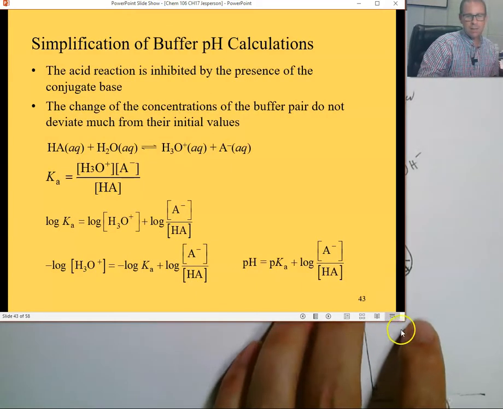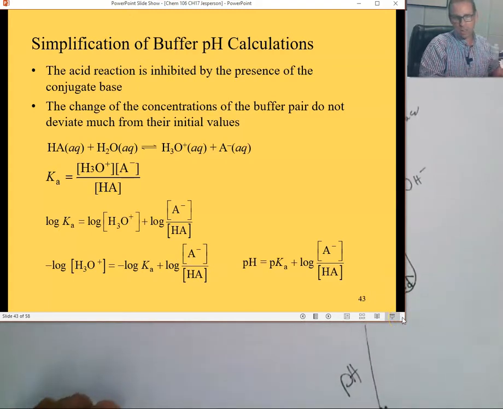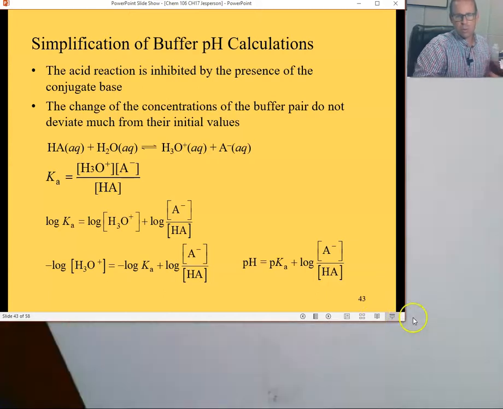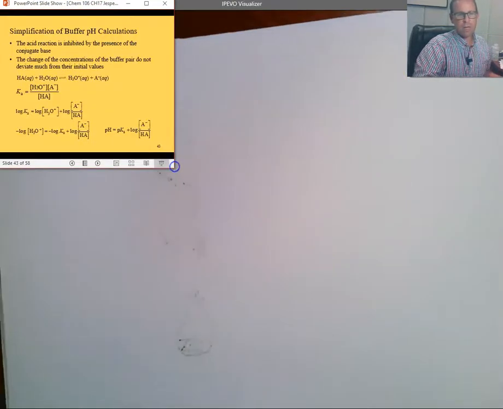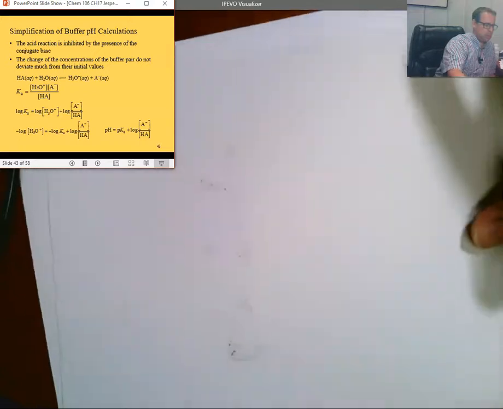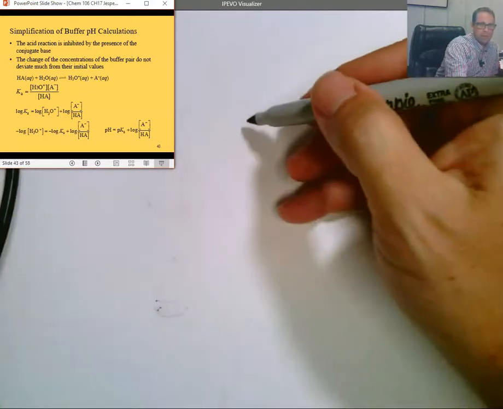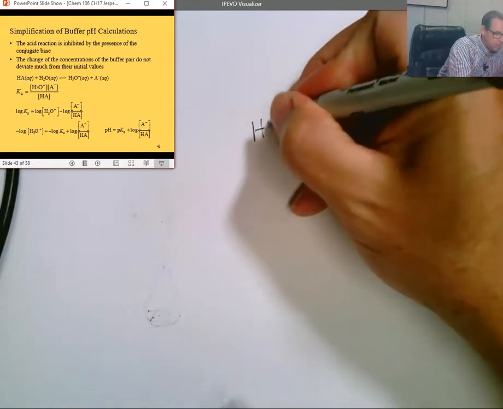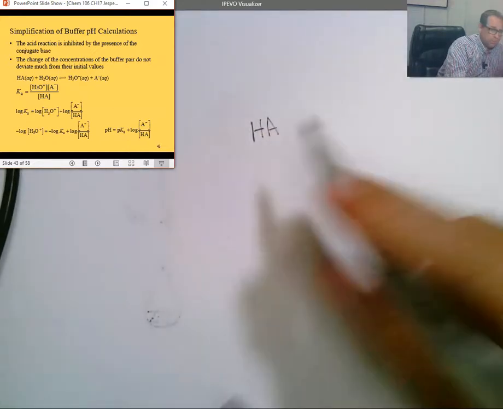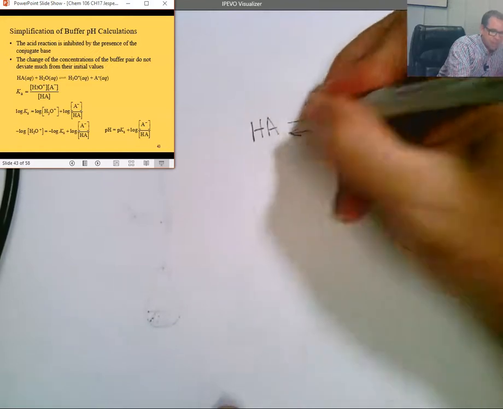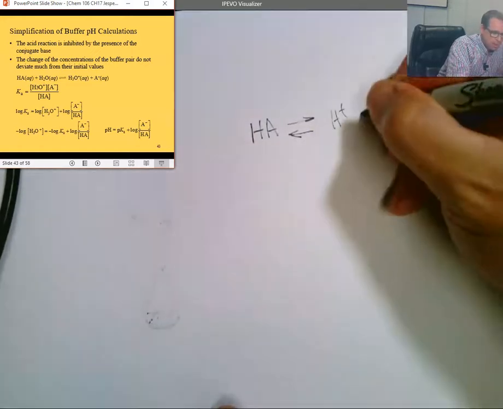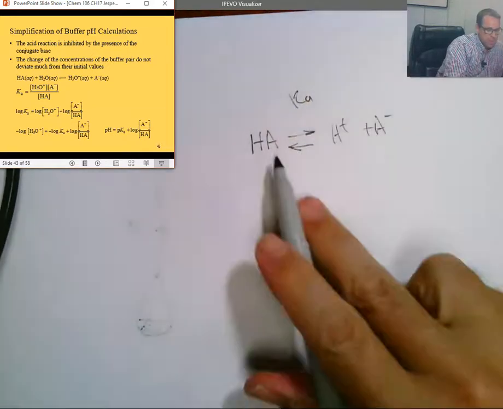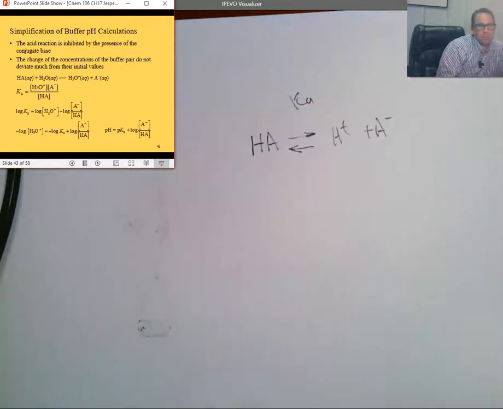Now I'm going to tell you what the pKa for a compound is. The pKa is a special pH. It's the pH that results when you have, for any acid, exactly 50% of the acid associated and 50% dissociated. So here's a compound, an acid. It dissociates H plus into A minus. Based on the Ka, some will dissociate and some won't.